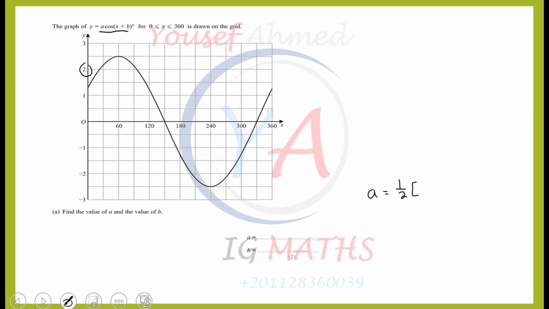This is 2 and this is 3, so this one is 2.5. And here, negative 2 and negative 3, it's negative 2.5. So it will be half times 5, which is 2.5.